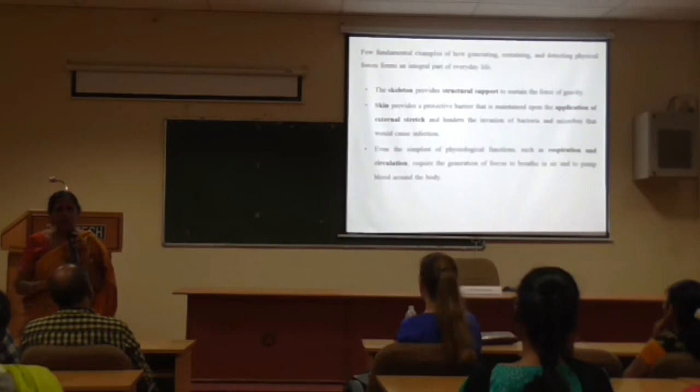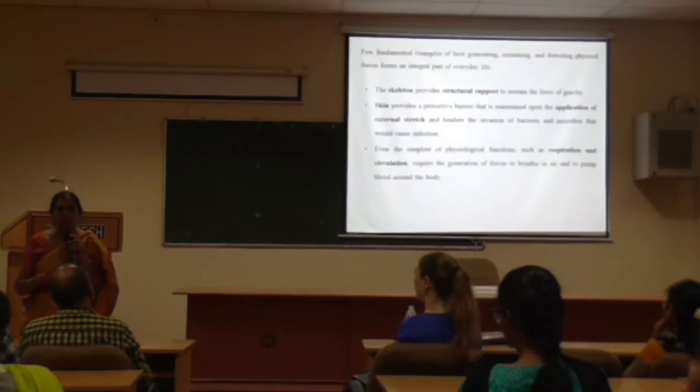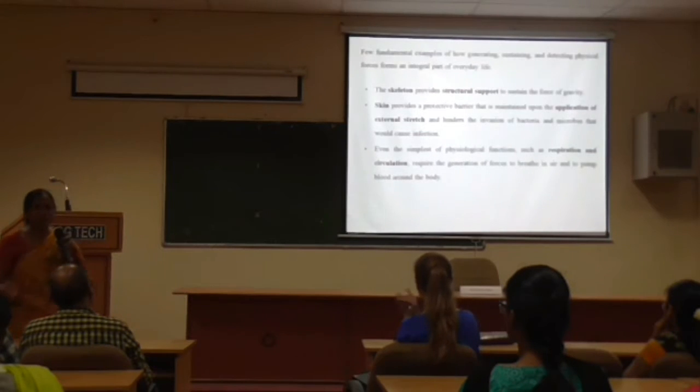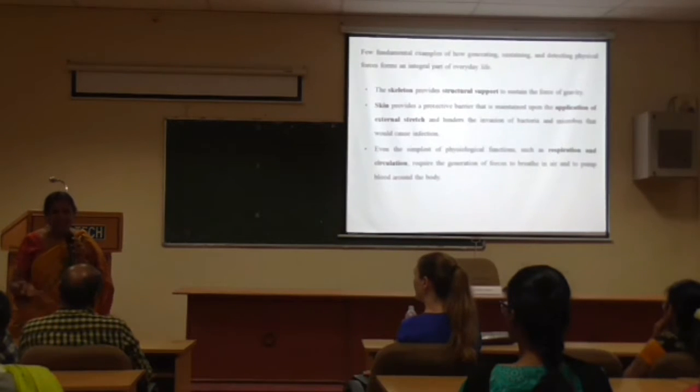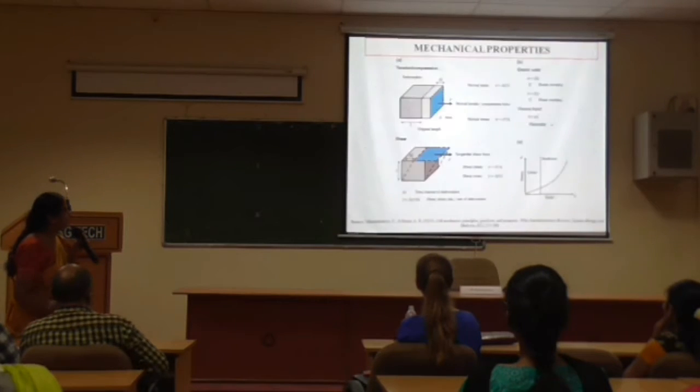We all know that the mechanical properties of cells, tissues and organs are essential for normal physiological function, which were all well covered over the last 3 days. We have been hearing the same thing: the cell is a machine, it generates mechanical forces, and these forces are essential. Can I have the next slide?